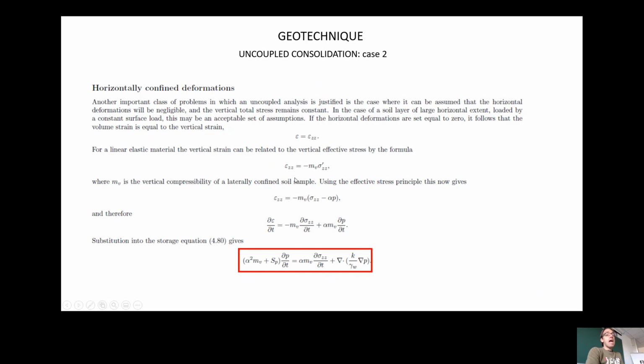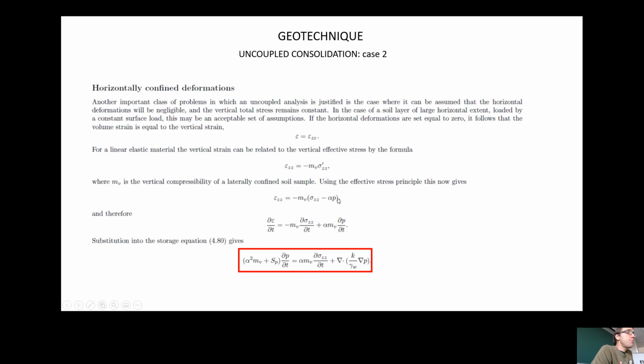But since epsilon has inside, of course, the effective stresses, we can use Terzaghi's principle again. So we can write, instead of sigma zz, sigma zz minus alpha p.